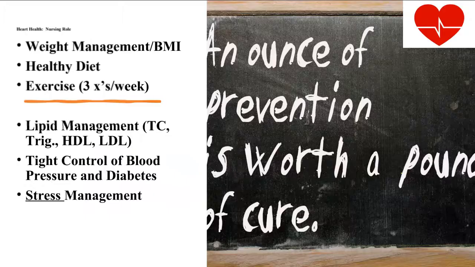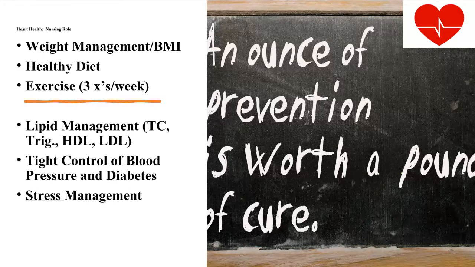Just like just about anything, not all things, but things that are genetic, there are a lot of things that we can control. I want you to go back and think about all of your education that you've had thus far in cardiac, and about what you would teach your patients to prevent cardiac disease. Sometimes we can mitigate and modify disease processes just by doing what we're supposed to do.